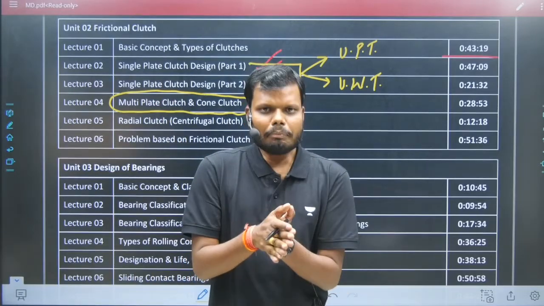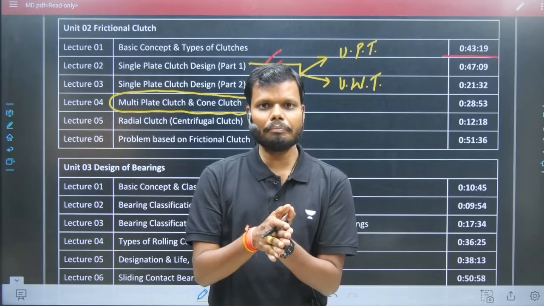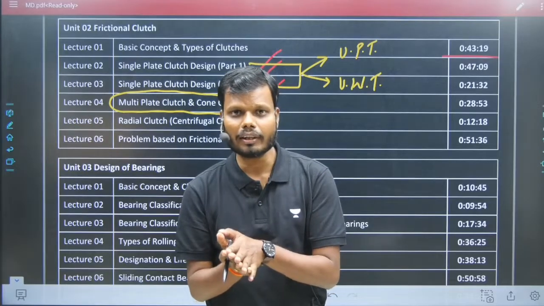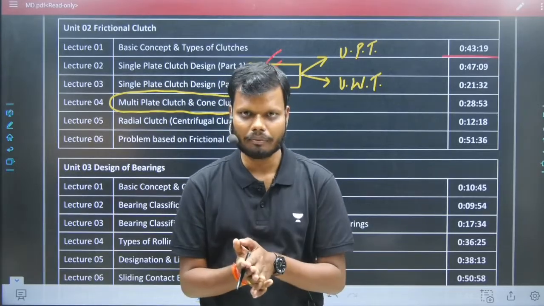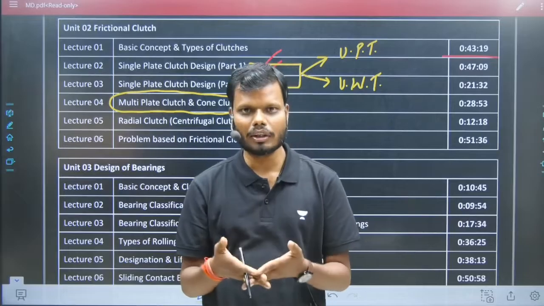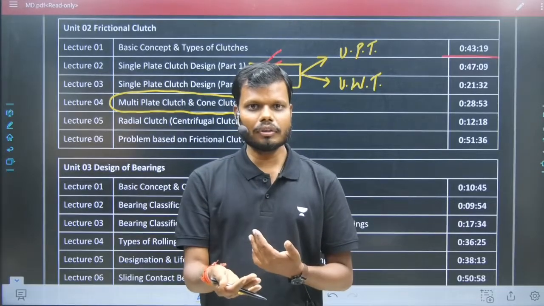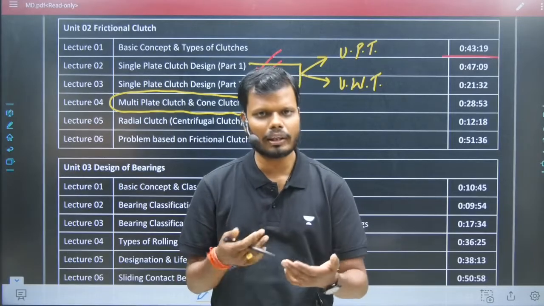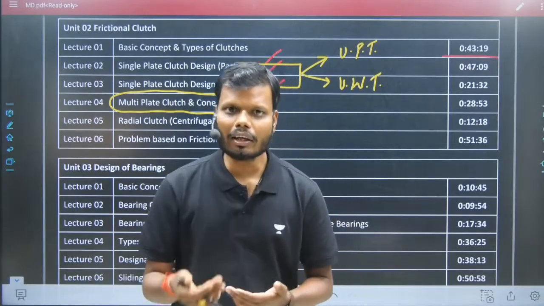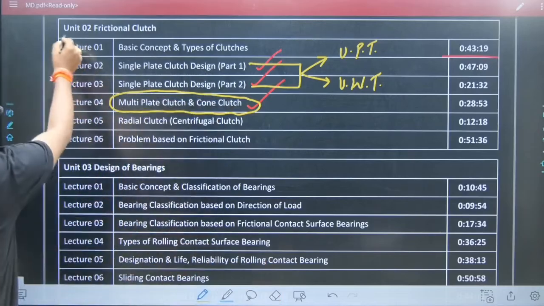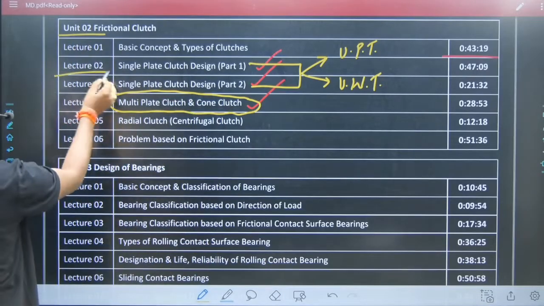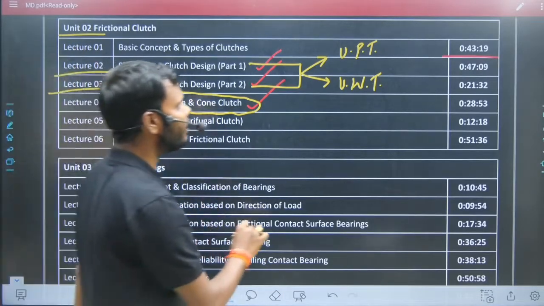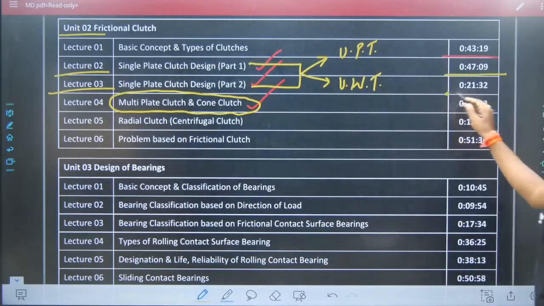Single plate clutch problems are completely based on design parameters like either UPT or UWT, old clutch or new clutch. So if you are confused about UPT and UWT for single plate clutch or multi-plate clutch, you can directly go to unit 2, lecture number 2 and 3, and watch these videos of 47 minutes and 21 minutes.